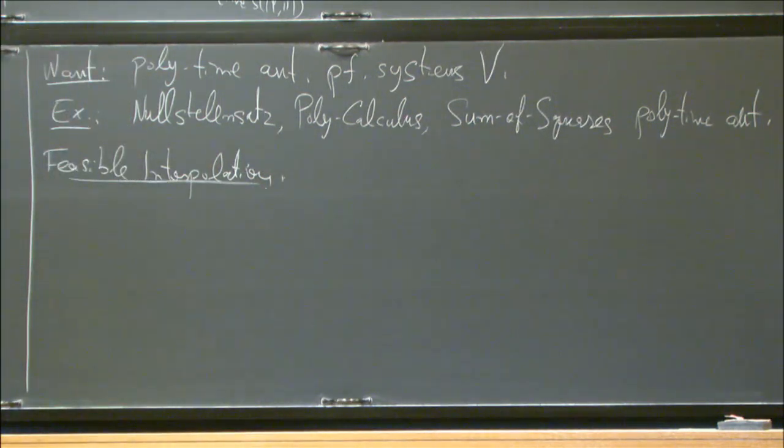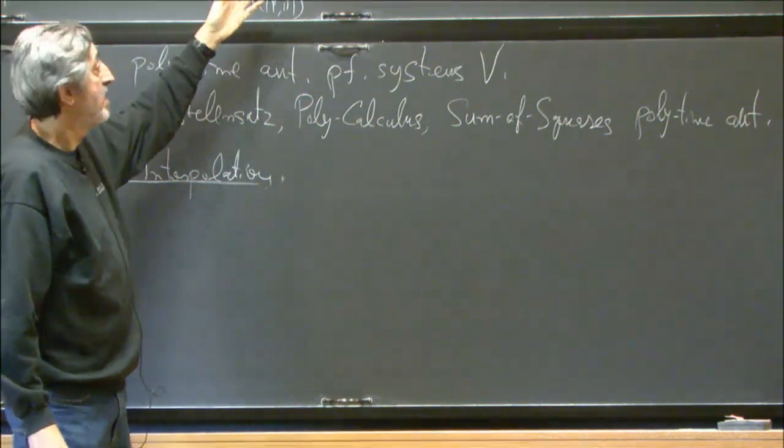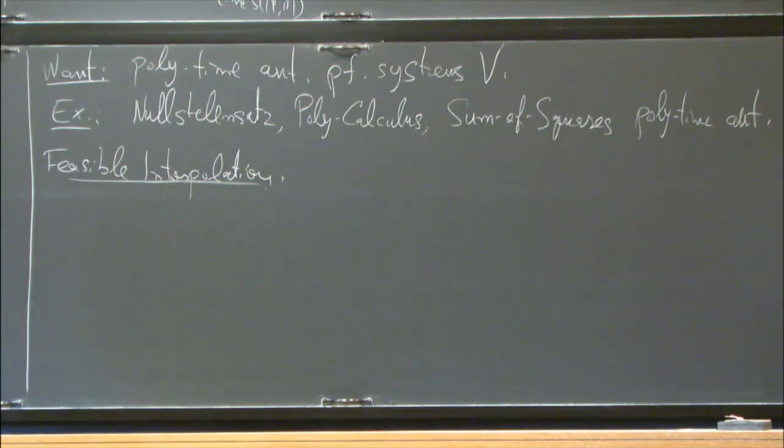While automatizability talks about finding proofs for every tautology quickly, this talks only about certain types of tautologies.